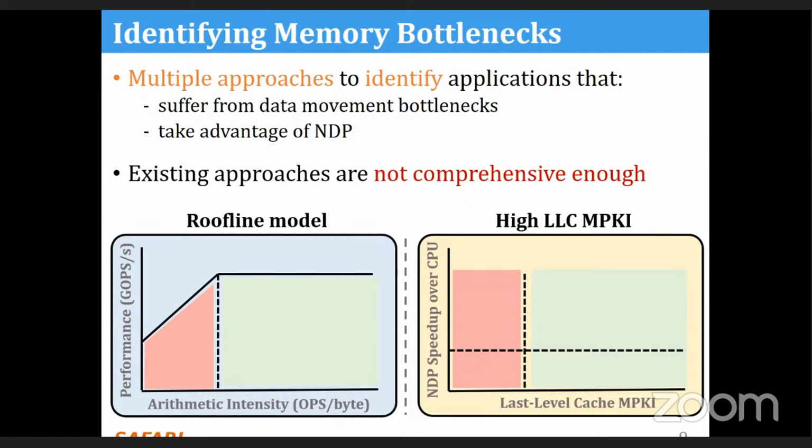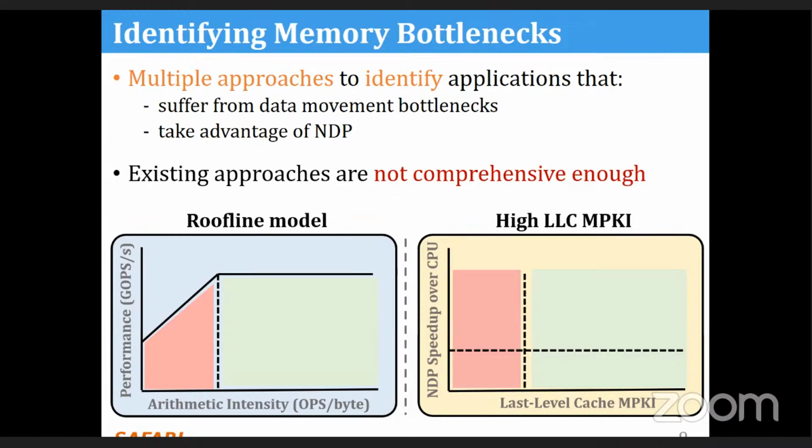One is called the roofline model. You're already familiar with it. The other one is the MPKI, which is the misses per kilo instructions. So it's the number of misses in the last level cache per every 1,000 instructions that are executed in the core.